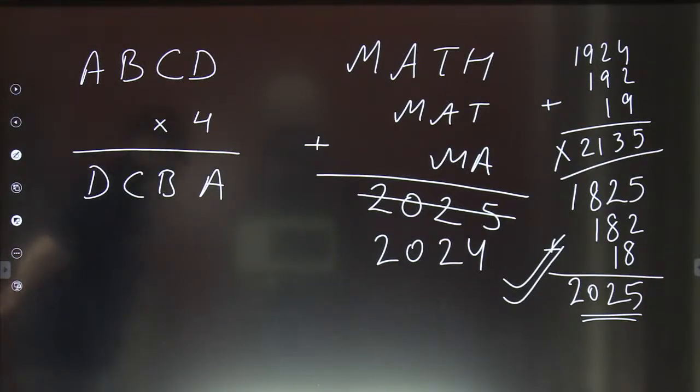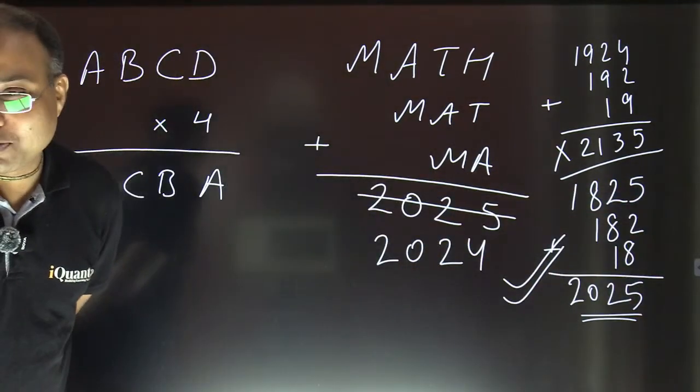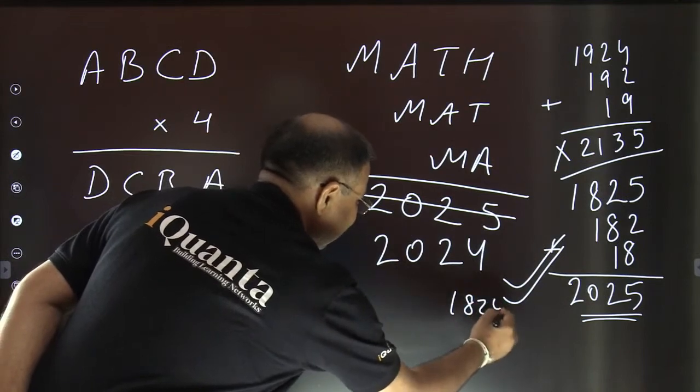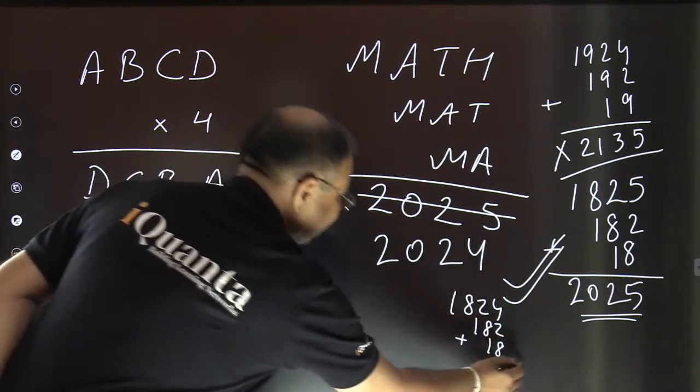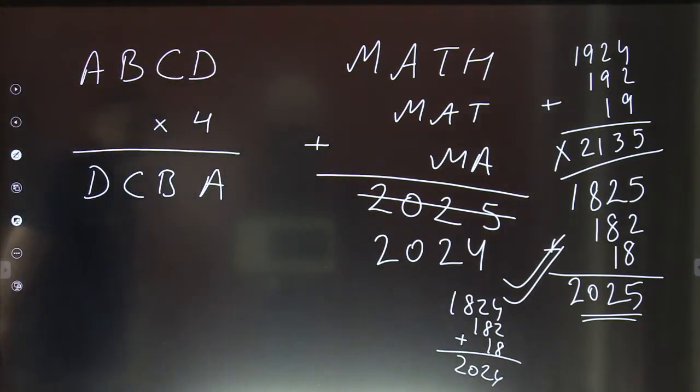Excellent, Soumyadeep, excellent. Exactly, good. 1824, that's correct. So for 2024, it would be 1824 plus 182 plus 18. Same thing, this is 200 already. So that will make it 2024. That's perfectly fine.